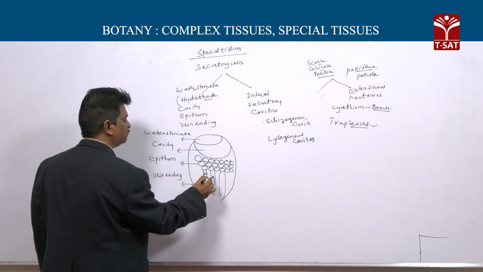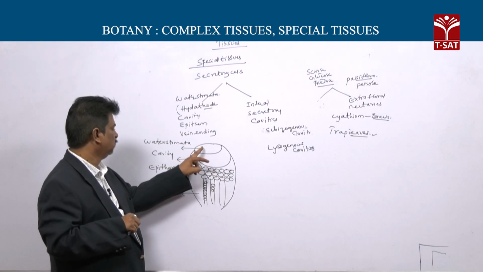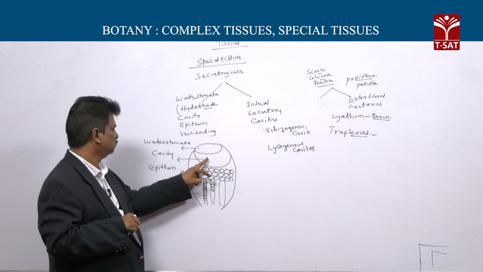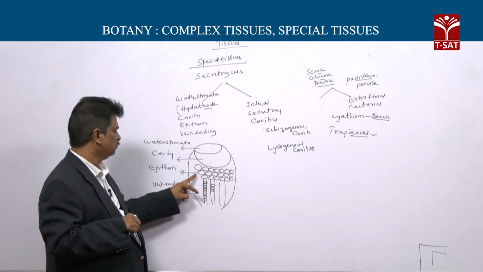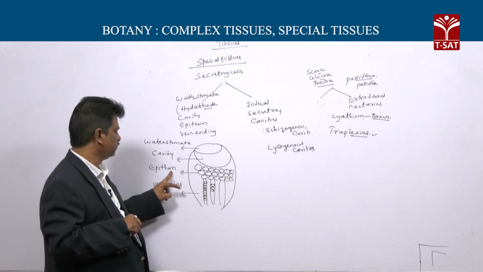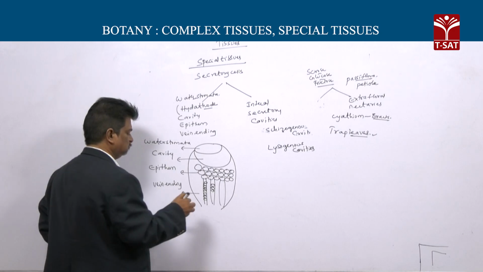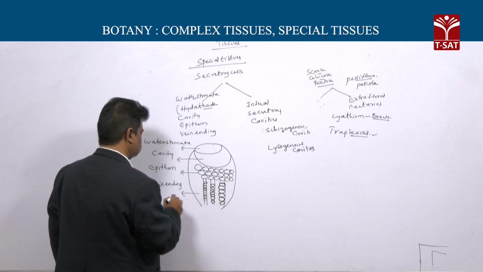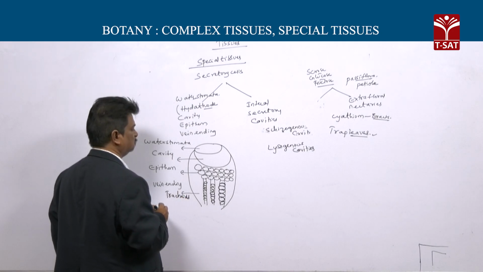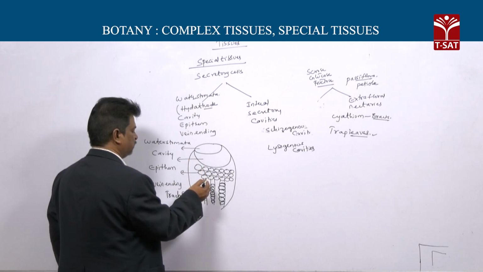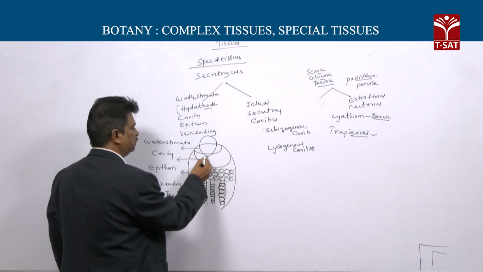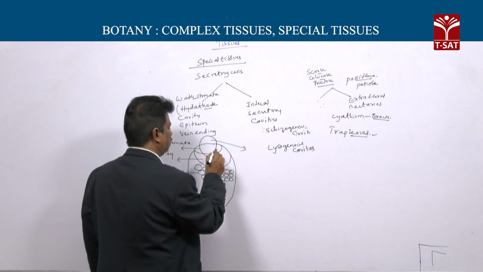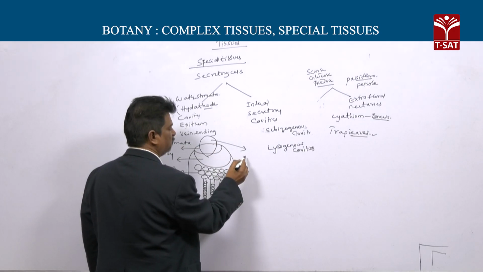This vein ending contains tracheids. So generally, from tracheids, water enters into epithem, then into cavity, then this water drops exude from this water stomata.